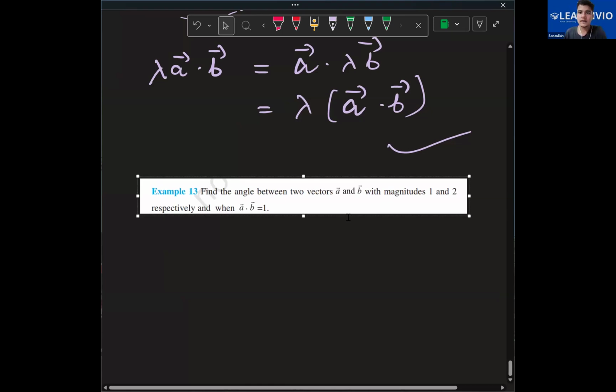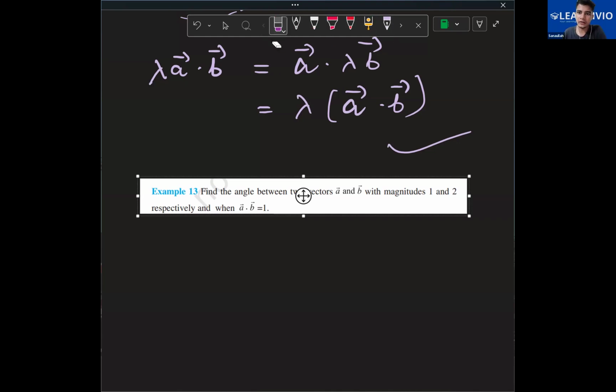See, in the question it will not be mentioned anywhere that you are given a dot product or any type of cross product. You have to decide on your own what formula you have to use. Right now you know the dot product formula, but when we study the cross product also, then you will have two options, either the dot product or the cross product. So you must know what is given to you and which product you have to use.